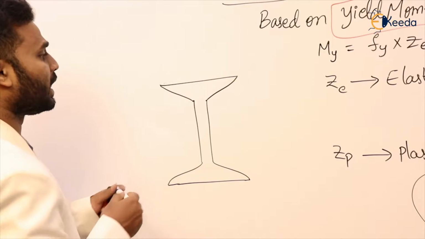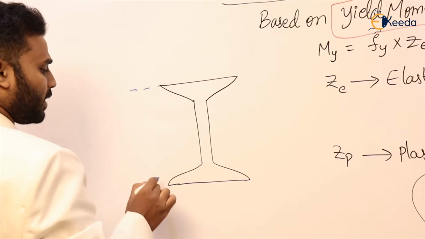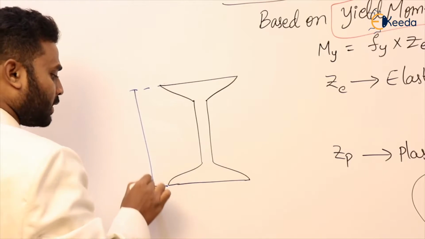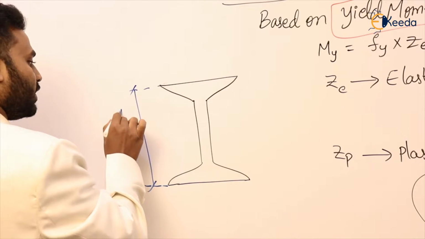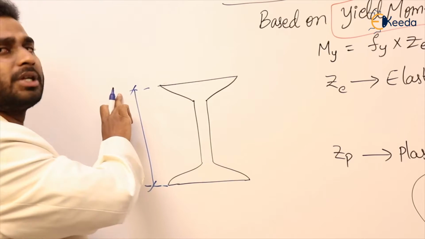We know that the overall depth of the I section is from top to bottom fiber. So here I am going to represent that with H. Of course, we represent it with capital D, but here I'm going to represent it with H.